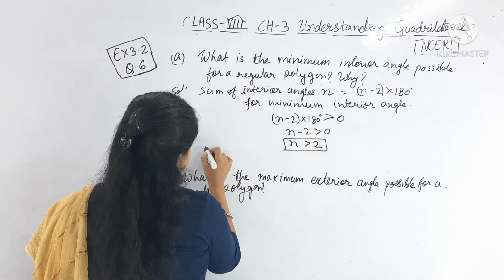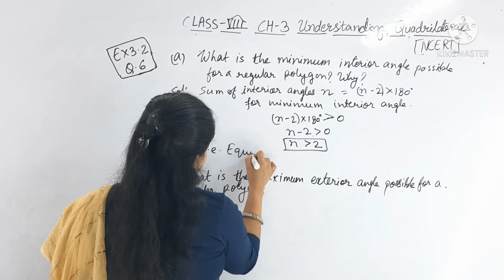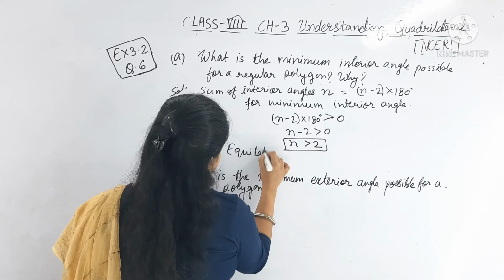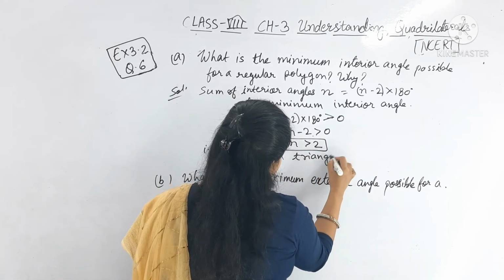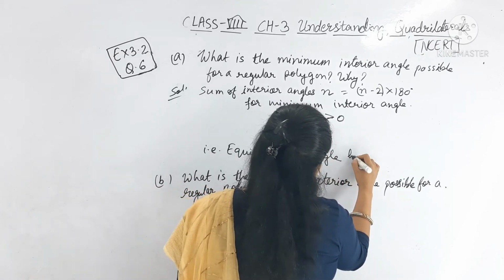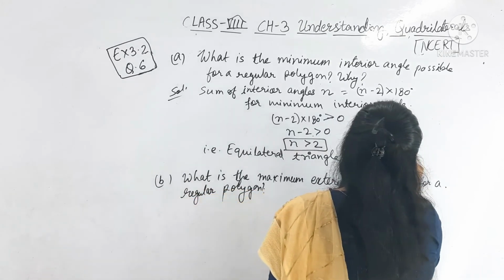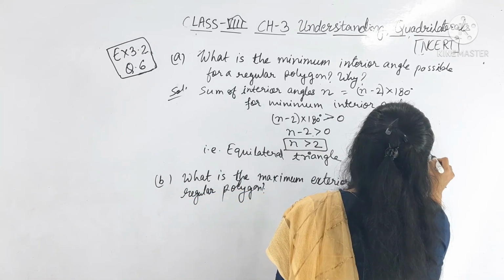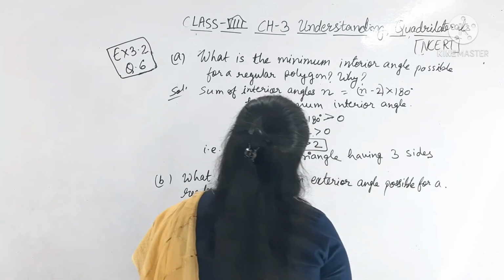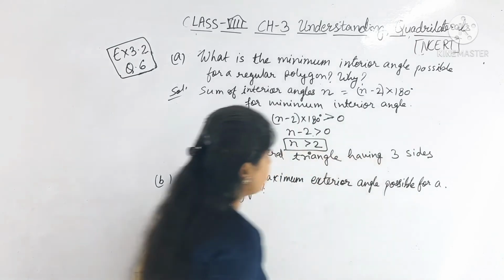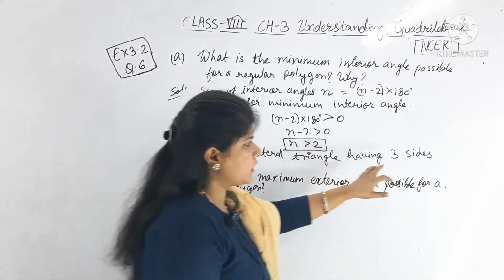Okay, that is the equilateral triangle, that is a regular polygon having 3 sides. So the interior angle will be... equilateral triangle having 3 sides.